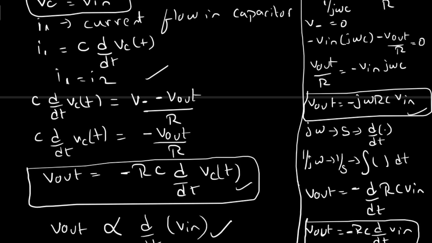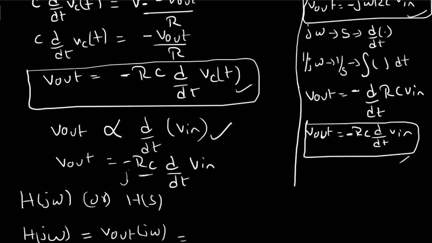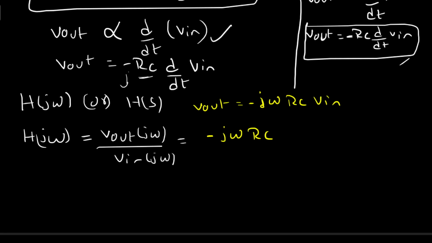Now V out by V in gives minus j omega RC. Okay, so this is the way you determine the transfer function of the differentiator.